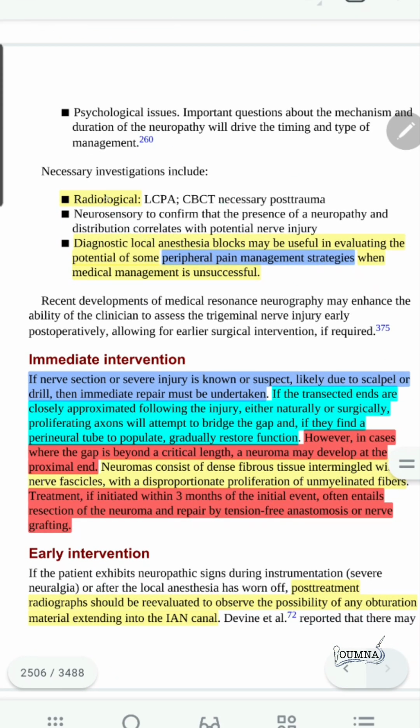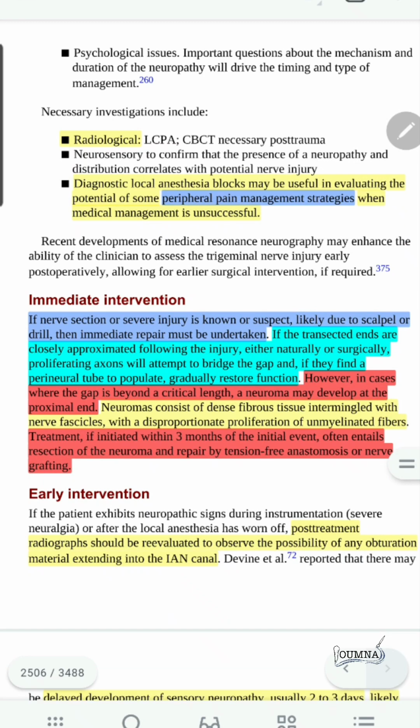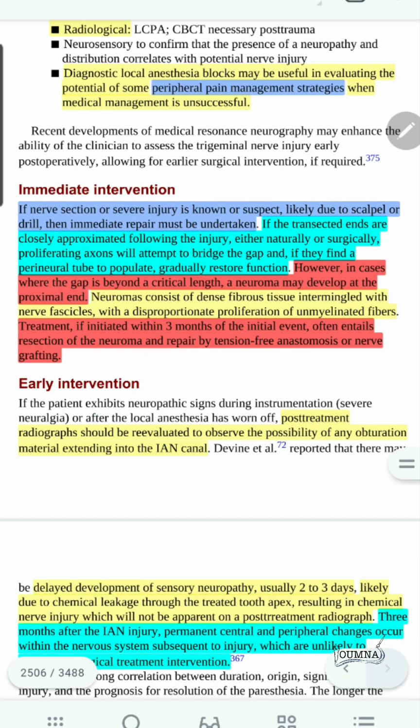We do a radiographic investigation to see if there is any material that is extruded out of the canal. We perform neurosensory testing to know if there is any neuropathy and correlate it with a potential nerve injury, and diagnostic local anesthesia blocks.